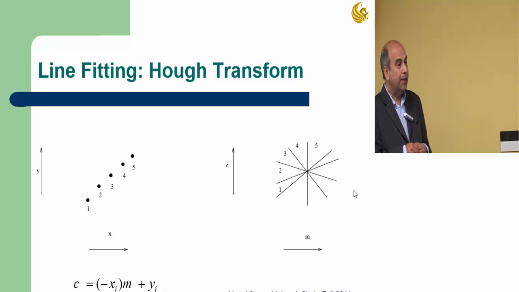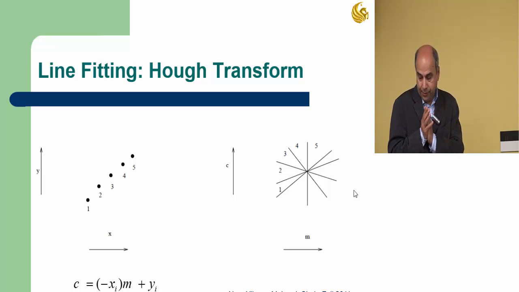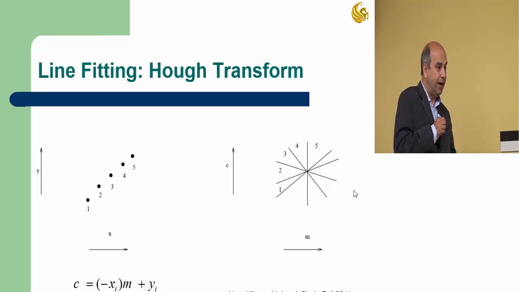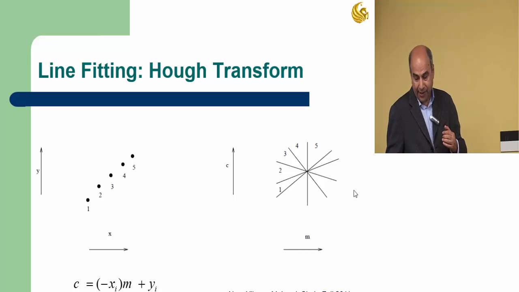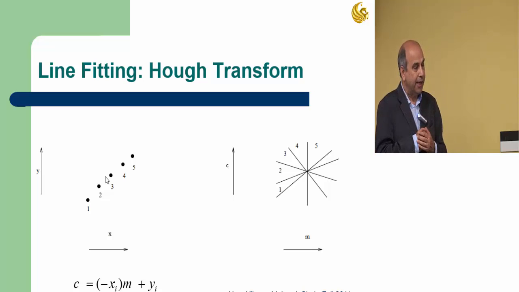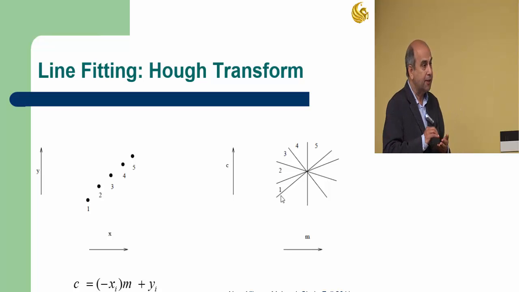Now what's going to happen is that these lines will intersect in the C and M space, and where they intersect is the slope and intercept of the line in XY space. Because they have to agree on this, because this line has one slope and intercept, one value of C and M. When we look at the one point here, this maps to a line here, and this has lots of possible slopes and intercepts.